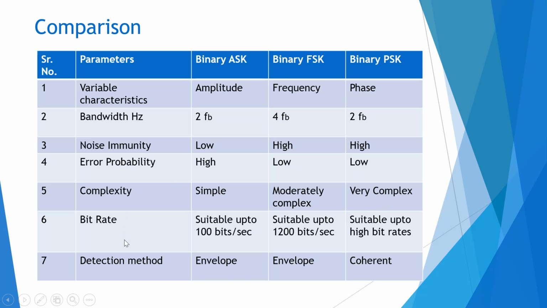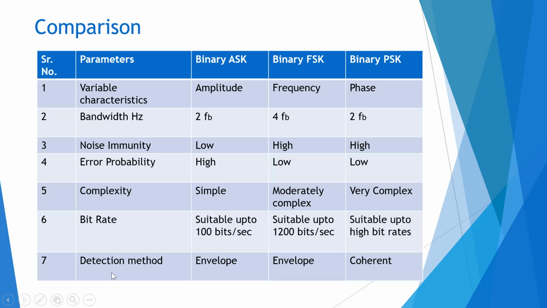Now coming to the bit rate, ASK is suitable up to 100 bits per second, whereas FSK is suitable up to approximately 1200 bits per second, and binary PSK is suitable for high bit rates. The last parameter is the detection method.